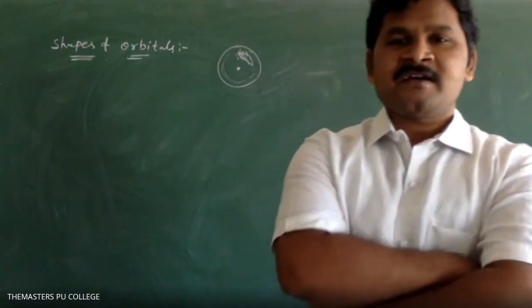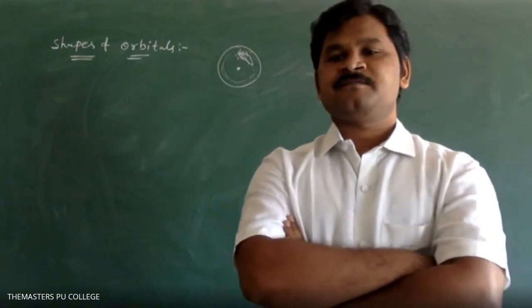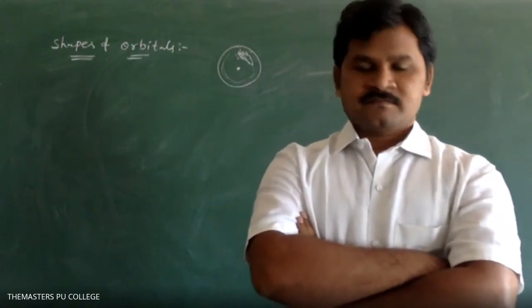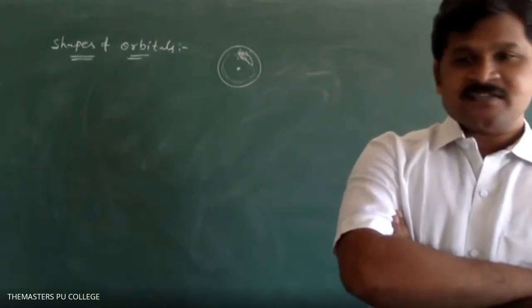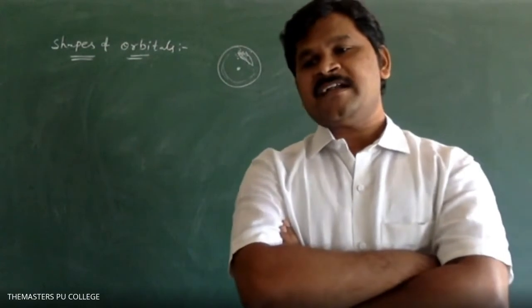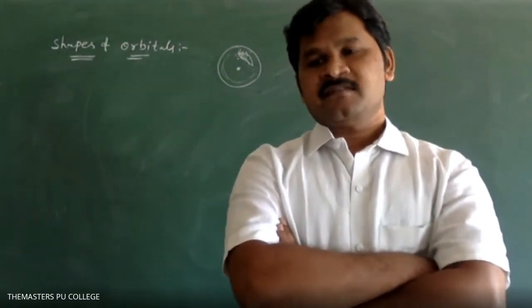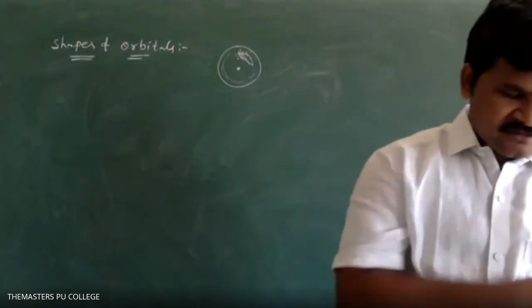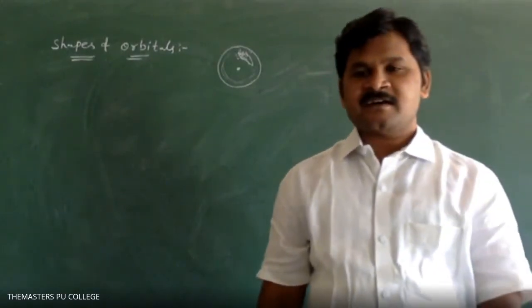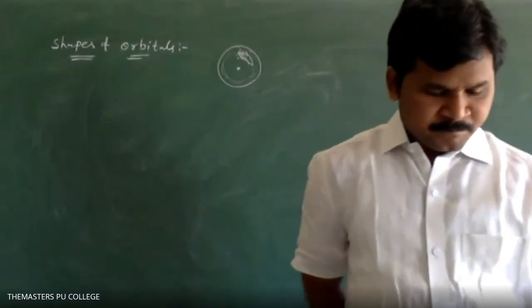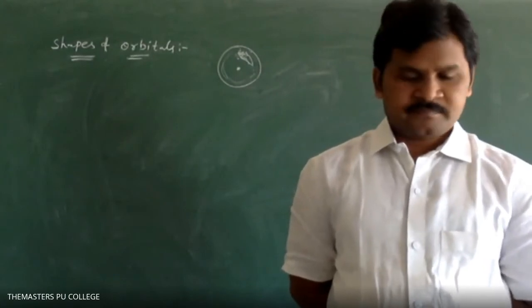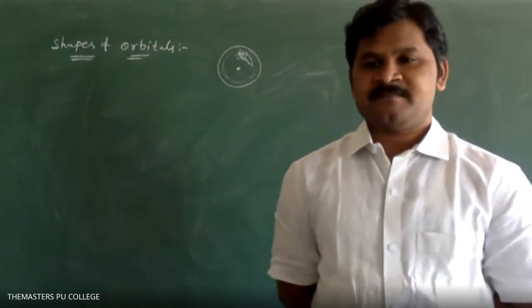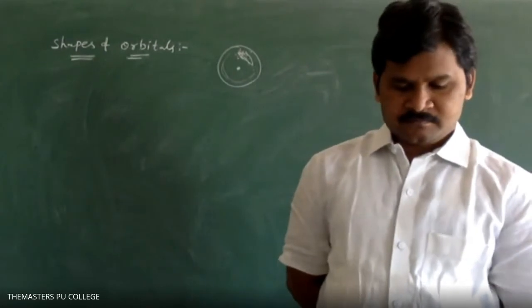The plane where the probability of finding the electron is 0 is called nodal plane.